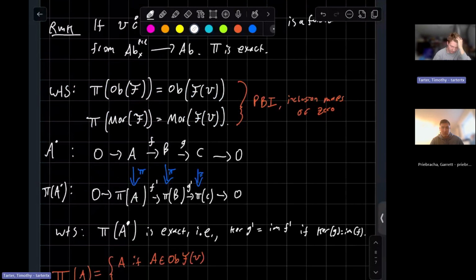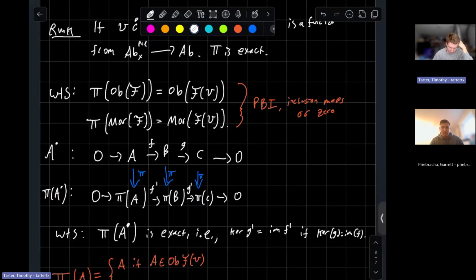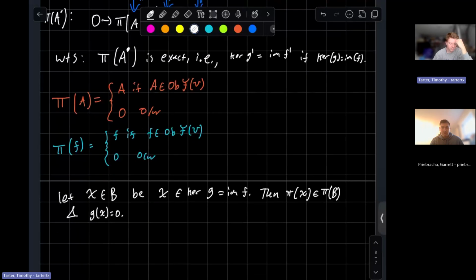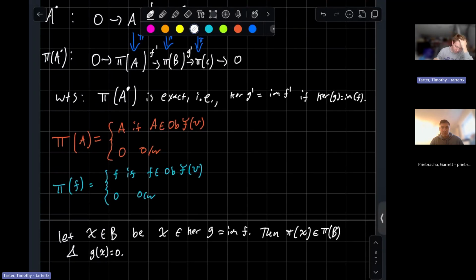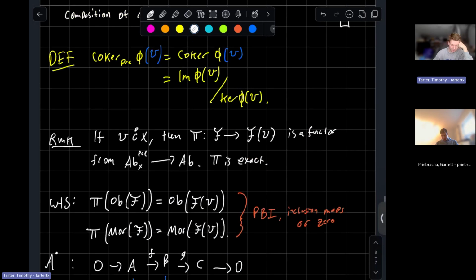Let's see. 0 in C. Oh, I see. So then π of 0 in π of C has π of X in the kernel of G prime, since π of X is equal to 0.